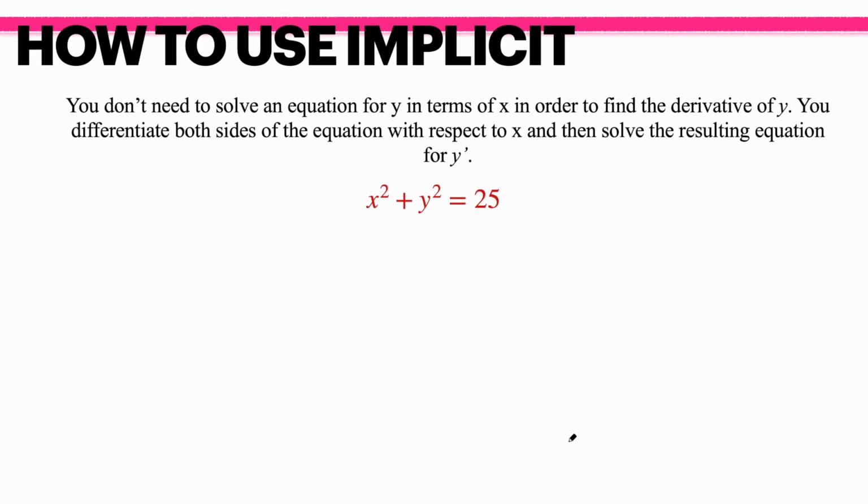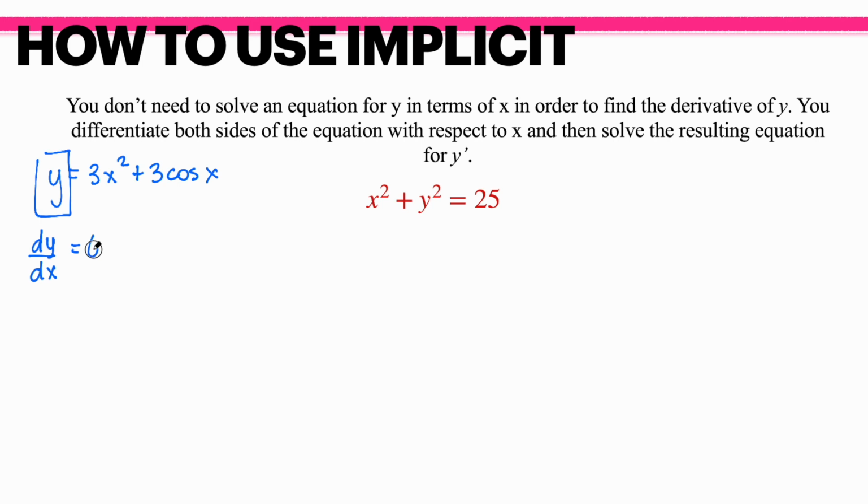Here is how you're going to do it. You are not going to solve for y. Instead, you're going to differentiate. In the past, it's always been some type of function equal to y, which means all we did was find the derivative with respect to x.